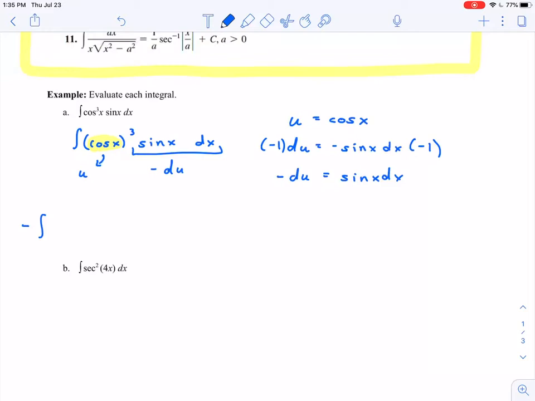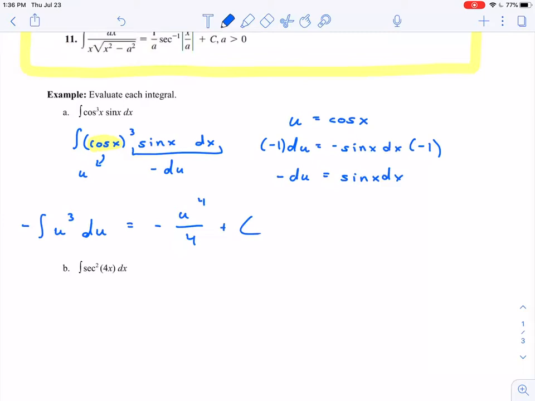Negative times my integral. Here I have u to the third du, and I've written this in a way now that is entirely in terms of u. This allows me to just use my power rule here. So let's see, I will add 1 to my power. I've got u to the fourth divided by 4 plus my constant of integration c.